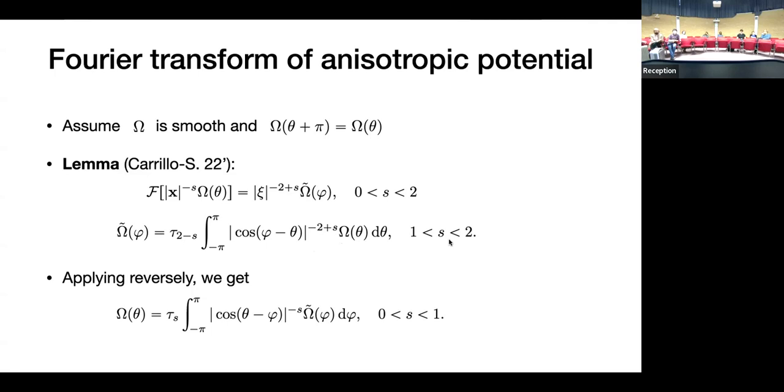Of course, since the Fourier transform and the inverse Fourier transform are basically the same, you can also apply the same formula reversely to express your omega in terms of omega tilde, which is a Fourier side angle function, by using a similar kind of convolution operator. So you're taking Fourier transform on both x and theta. So theta is the angle variable of x. So I'm taking a two-dimensional Fourier transform.